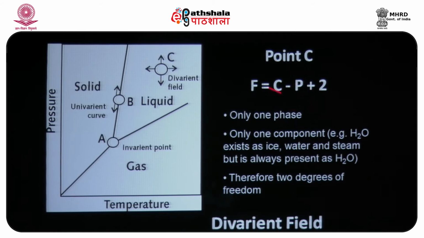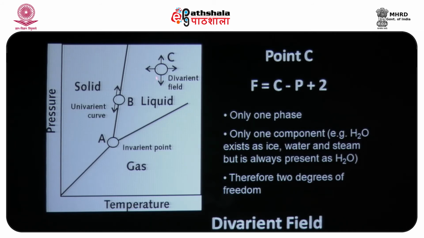Your phase out here is 1. So, 1 minus 1, that is 0, plus 2. So, your degree of freedom is basically 2. So, it actually represents the number of intensive variables that can be changed independently without the loss of the phases. That is what the degree of freedom means.